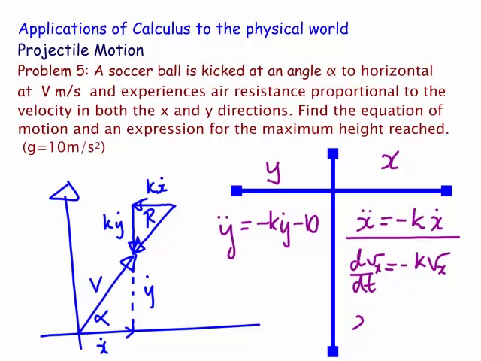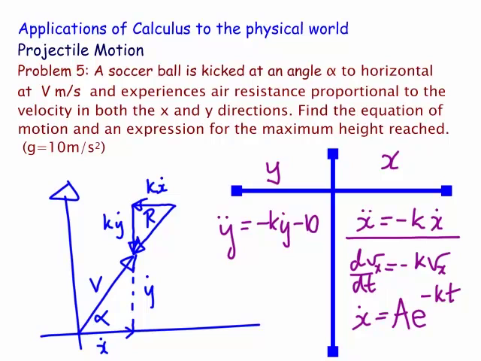So x dot would equal A e to the minus kt, since k is negative. We know this will be a solution, and it's decaying, like a growth and decay equation.